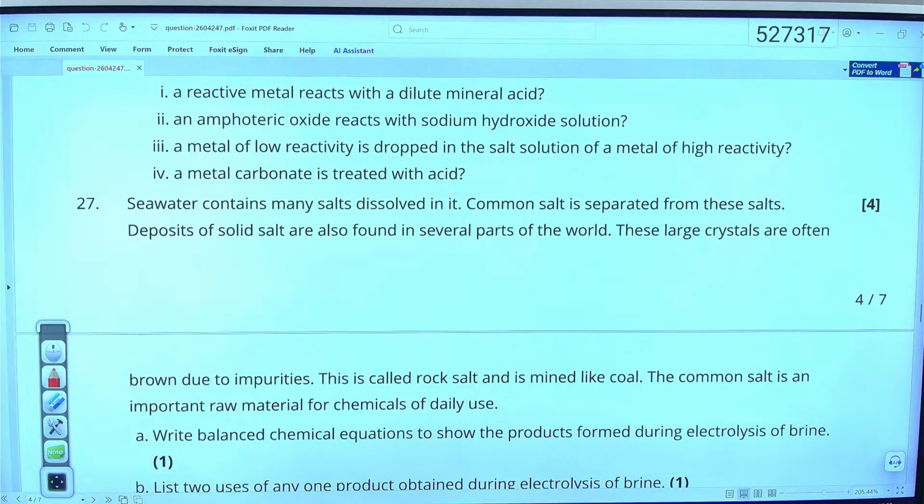Zinc plus HCl. What is the formula of zinc chloride?